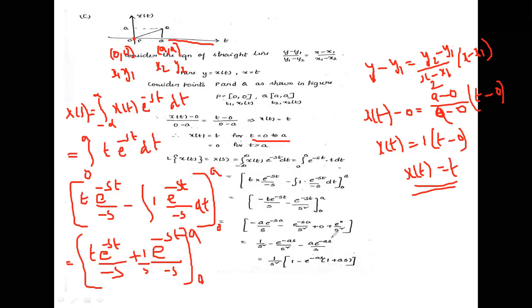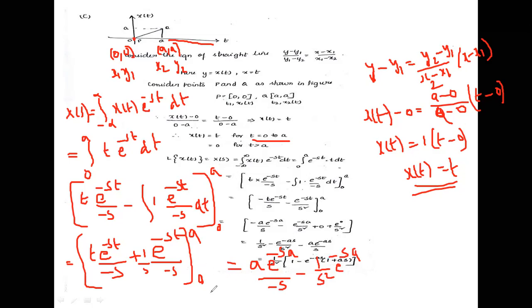Now substitute the a value wherever t is there: a into e power minus s a by minus s, and here the minus 1 by s square into e power minus s a for these two terms.